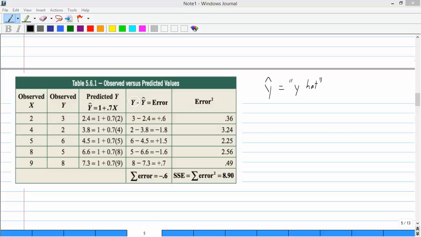And then it takes the observed and subtracts the predicted and gets a margin of error. And they get the margin of error for every point. And then they sum all of those up. And you see the margin of error, it says, is negative 0.6.